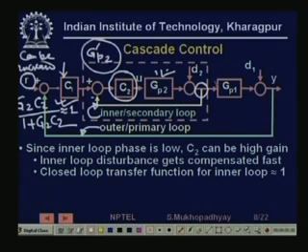If something has a 90° phase lag, it is a first order process, then theoretically speaking we can use very high gains of C2, and then this closed loop transfer function will be almost equal to 1. So, since inner loop phase is much lower, it is often possible that C2 can be very high gain, and then the outer loop phase is also reduced significantly, and therefore C1 can be of high gain. So, that is the point.